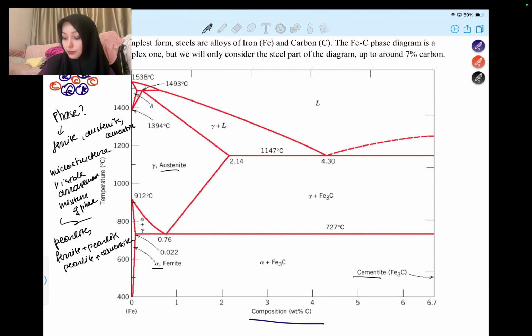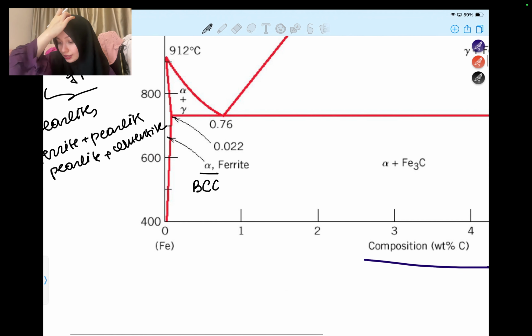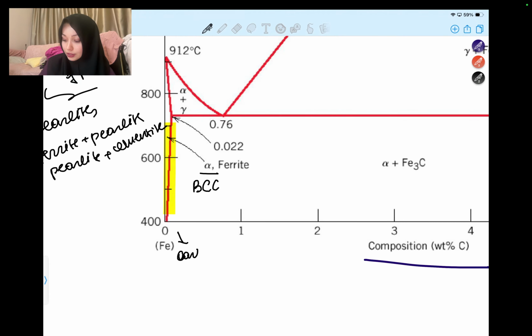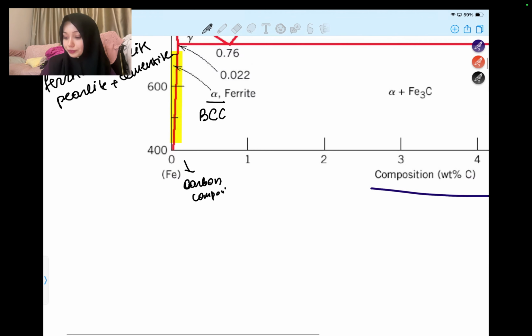So let's talk about the main phases. Here we have ferrite, and ferrite is BCC iron with very little carbon dissolved inside. You can literally see that this tiny part here is the ferrite, and you can see that the carbon composition is very low, and as we have discussed before, the higher the carbon, the harder, the stronger, the more brittle the material is.